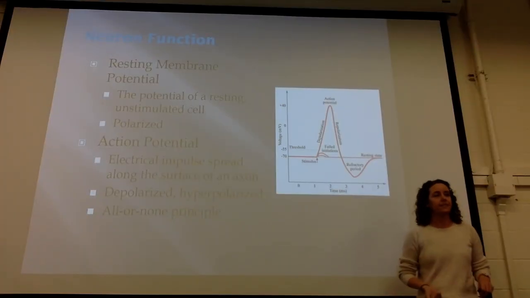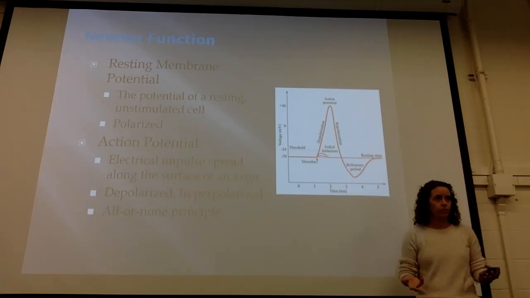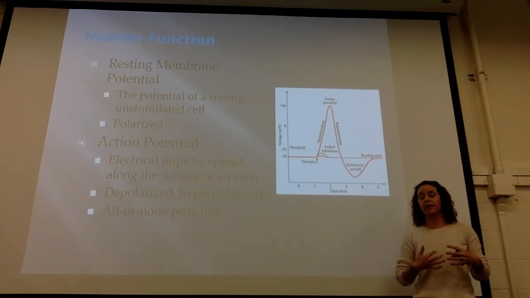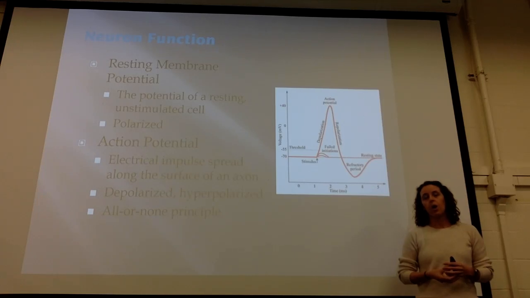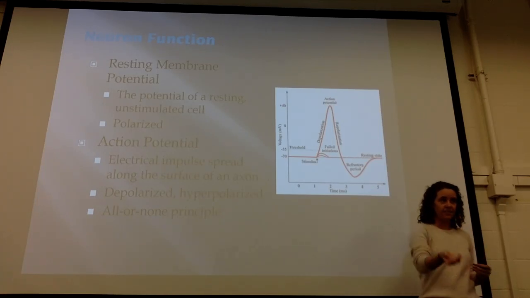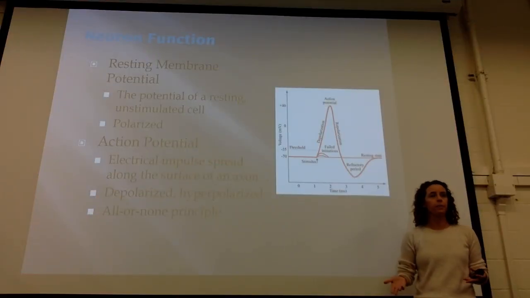And that's the resting state, and we would call this polarized. So when a neuron is at rest and it sits at its super negative state, it is polarized.